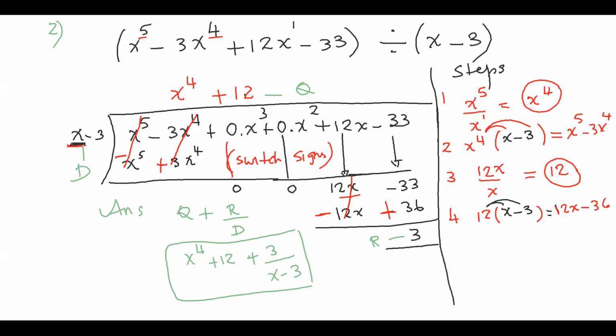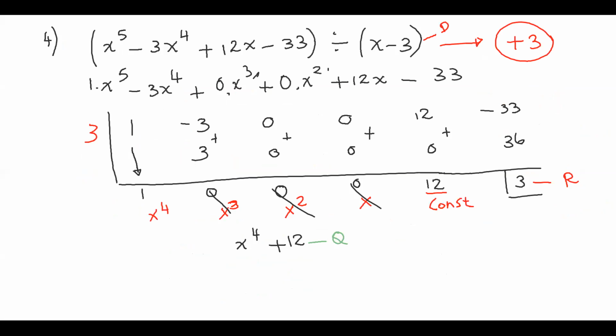But this is the longer way. This is long division. However, synthetic division makes it much easier. So the answer is x to the 4 plus 12, and the remainder is 3 divided by x minus 3. So this is our answer.